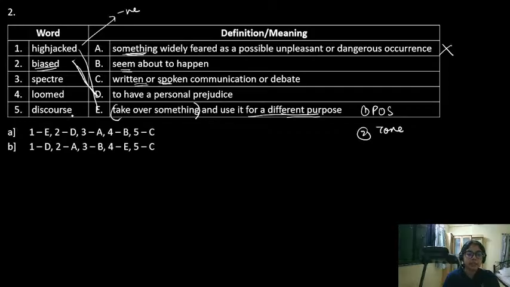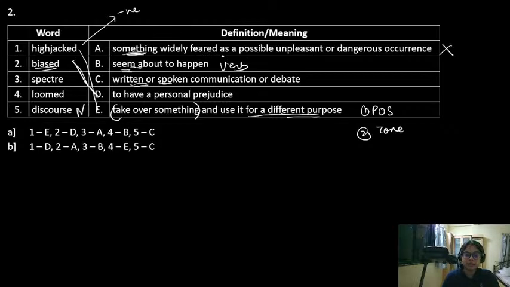Okay, then we saw discourse, which, as we found, was a noun. So now we have to find a noun out of these. Something seem about to happen and written or spoken. So this one is a verb.